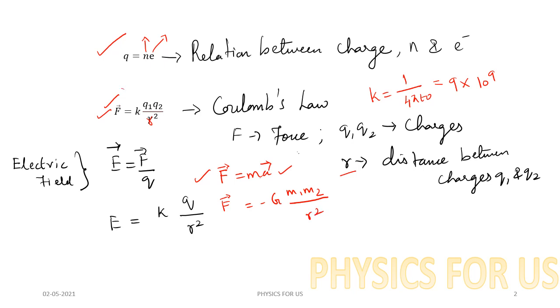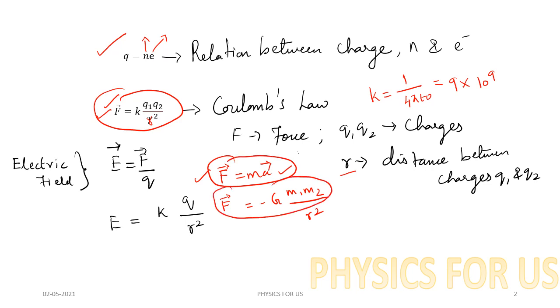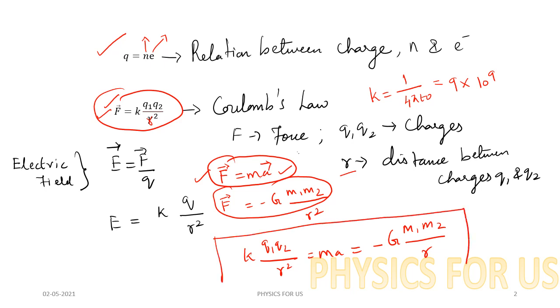These three formulas can be related, that is, we can equate them: k q1 q2 by r square equal to ma equal to minus G m1 m2 by r square. All of these are forces on the left hand side. This is the most important thing you have to know while solving problems, right?